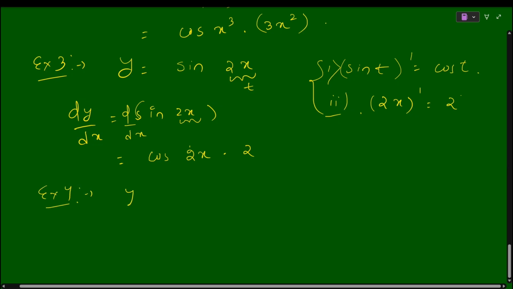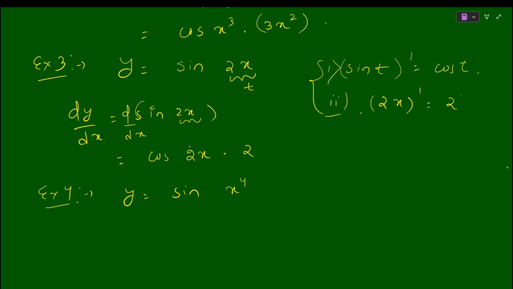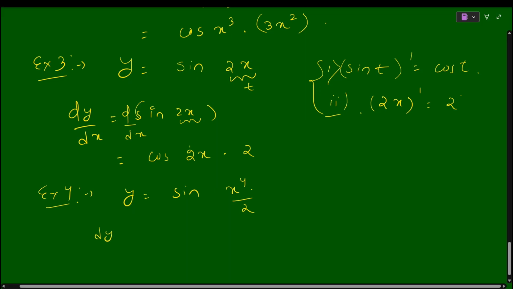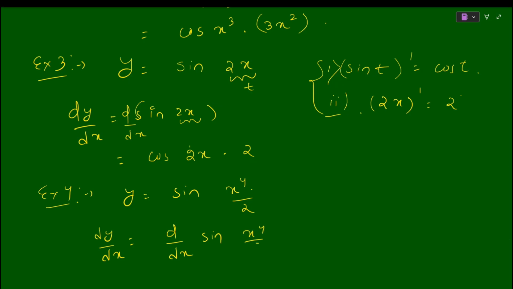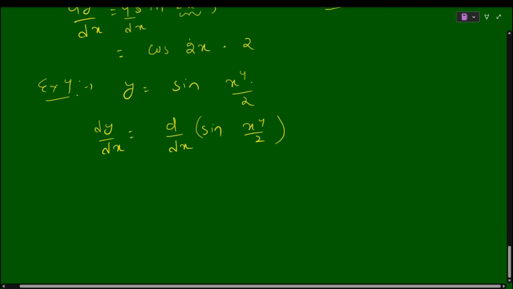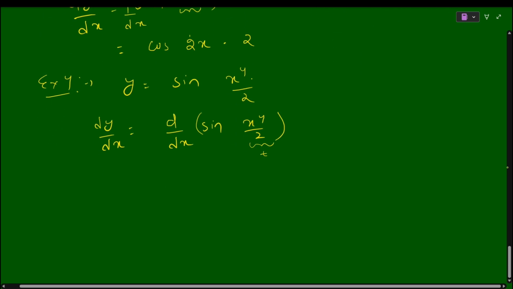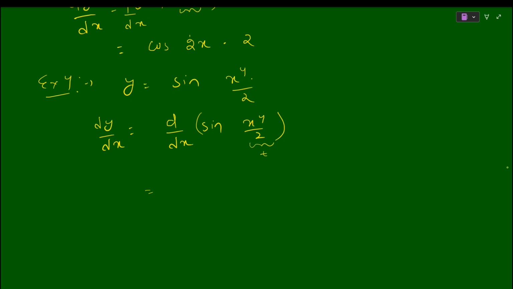Okay, suppose take another example. Suppose y equal to sine x4 by 2. Then see how to find the derivative. First write down the expression. It is sine x4 by 2. Okay, so now treat this function as t. Then the derivative of sine t would be cos t. Now in place of t, we will write the value, cos x4 by 2.